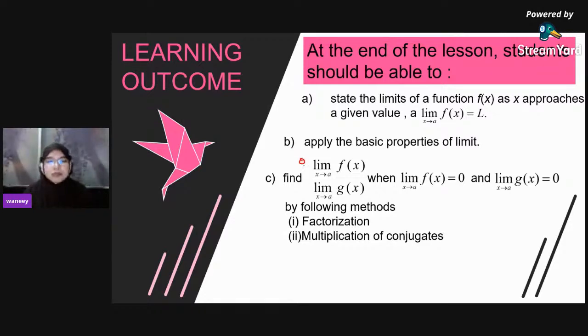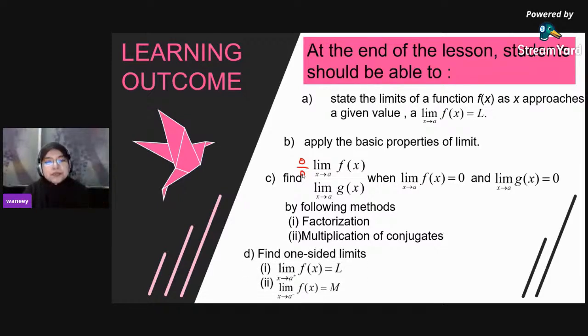So once we have 0 over 0, there are two methods to solve them. So we can either use factorization or we can use multiplication of conjugate. So I'll show you later on what do we mean by factorization and what do we mean by multiplication of conjugate. But this is a special case when we are having something with 0 over 0. Oh, by the way, 0 over 0 is not infinity. So that's the reason why we have some problem when we have 0 over 0.